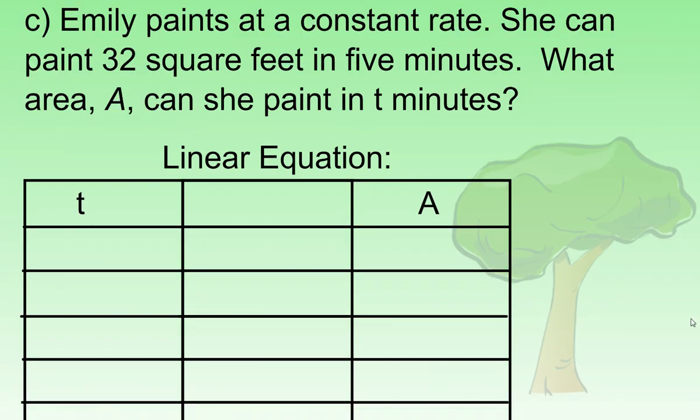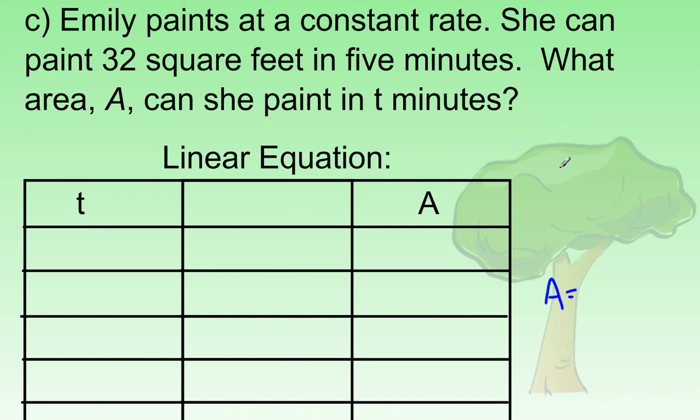Letter C. Emily paints at a constant rate. She can paint 32 square feet in 5 minutes. What area, A, can she paint in T minutes? Okay, so first thing we need is our little equation, and since we want this eventually to be A equals, that's just going to help me out later on.